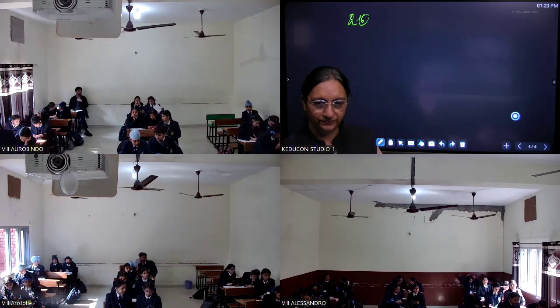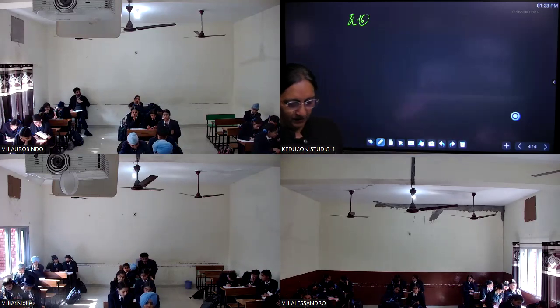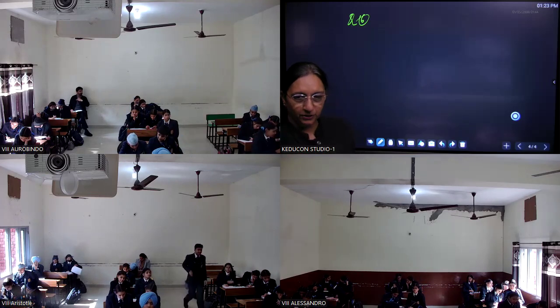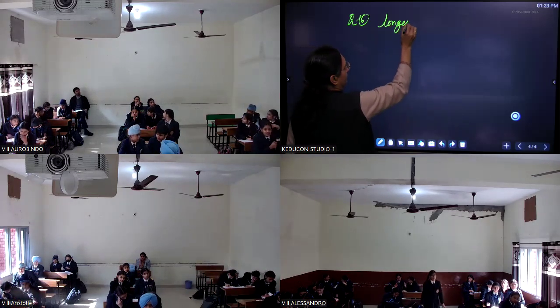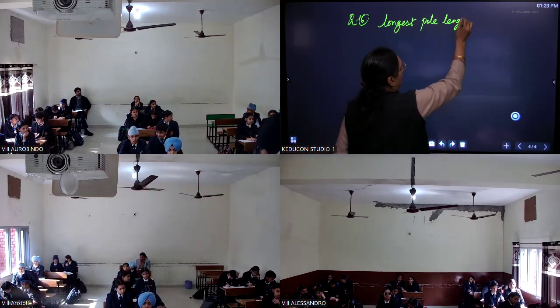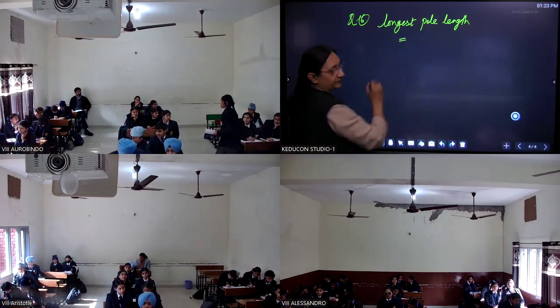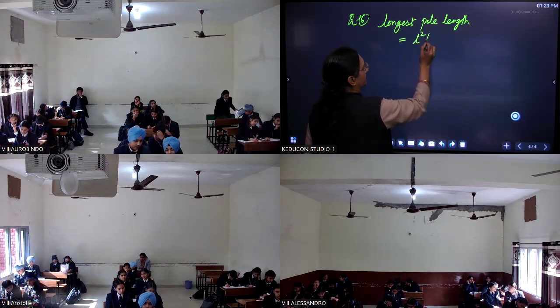Rhoda, please tell me longest pole that can be put in a room. Ma'am, under root L square plus B square plus H square. Okay. It is L square plus B square plus H square square root.